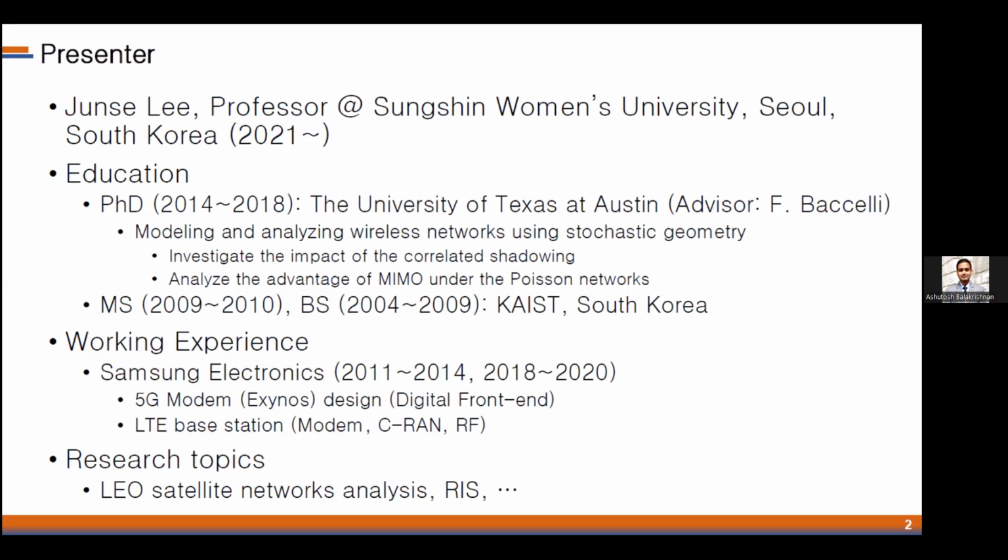I mainly focused on the design of the digital front end, which compensates analog characteristics in the digital domain. These days, I'm focusing on the analysis of LTE satellite networks.